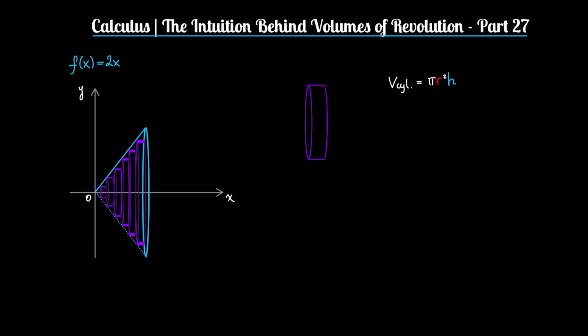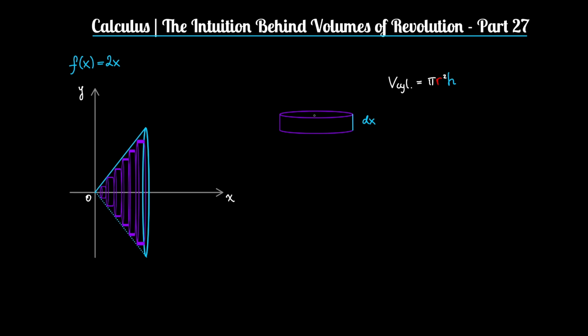Now, if I flip the cylinder, the height here would simply be this blue part. Technically speaking, this blue part on the graph is just a small movement along the x-axis, a change in the x-axis. Writing that mathematically would be dx.